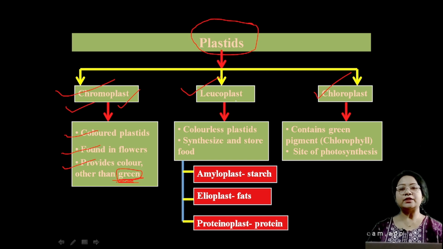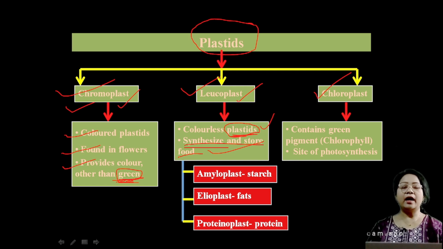Then leucoplasts, what are leucoplasts? Leucoplasts are colorless plastids. They do not have color. The main function of these is that they synthesize and store food. They do not provide color because they are colorless, but the main function is that they make food and also store the food for further use.